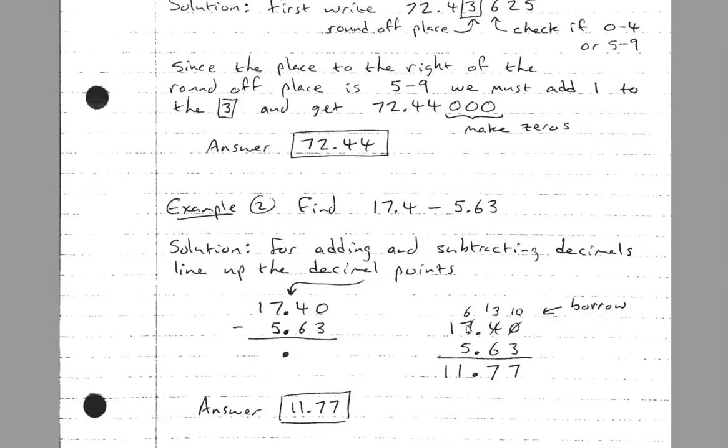Borrow from this column, so we get a 13. 6 from 13 is 7. 5 from 6 is 1. And 0 from 1 is 1. So the answer, again, the decimal point goes here, so that's 11.77.